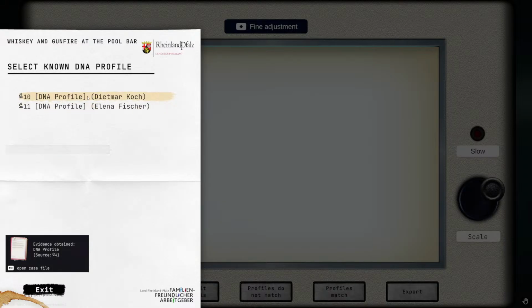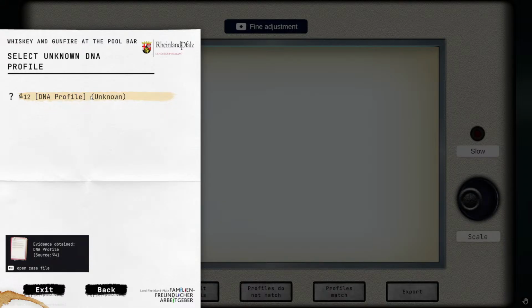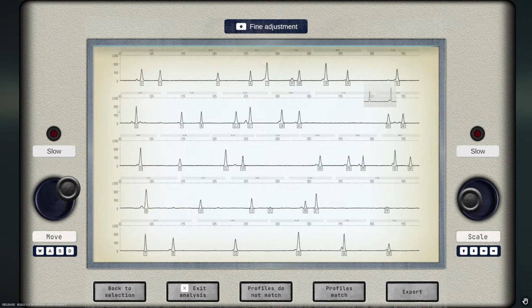Let's check Koch. Alright, let's try to match this. Let's see. So we need to look for two little bumps.